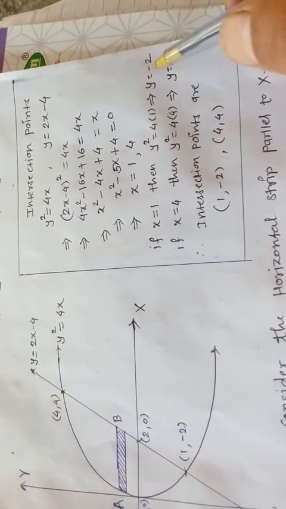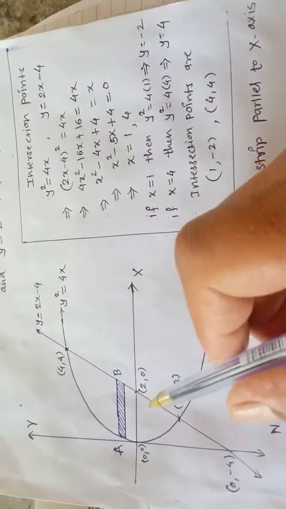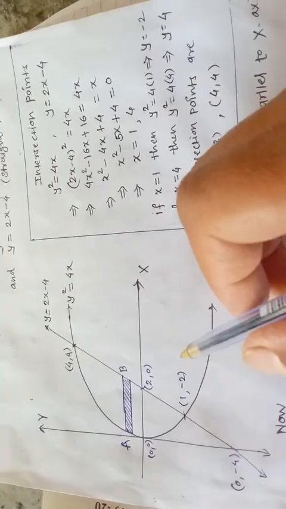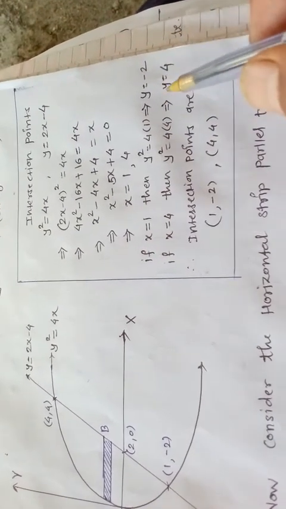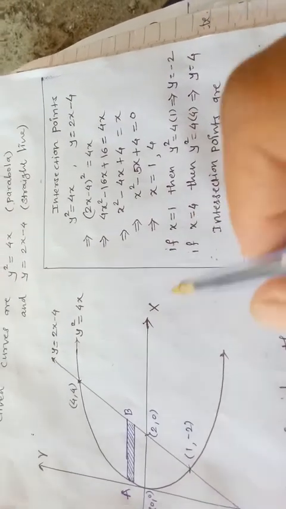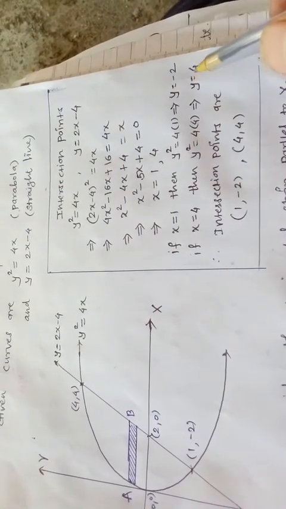Here I am considering the minus sign because our point is in the fourth quadrant, and in the fourth quadrant the y values are negative, and therefore I am considering y equals minus 2. Similarly, here I am considering only the plus value because this point is in the first quadrant, and in the first quadrant the value of y is positive.